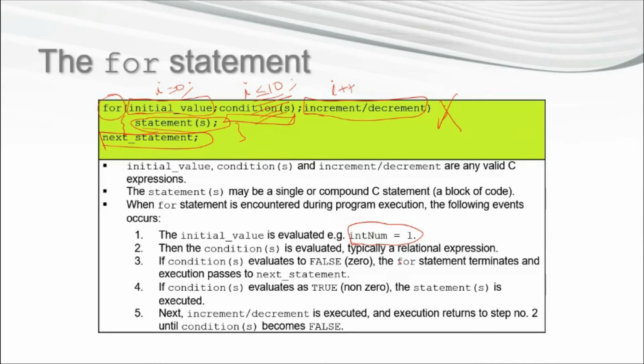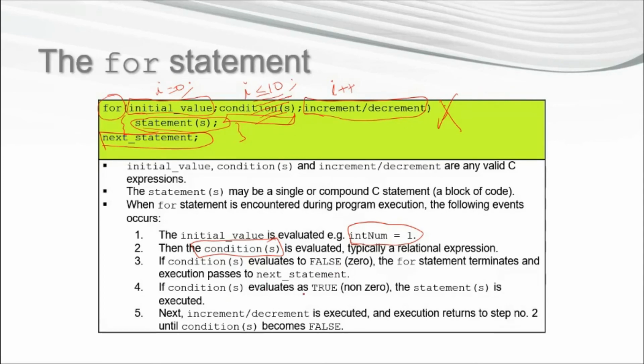If this relational expression evaluates to false, the for statement terminates and the execution is passed to the next statement.